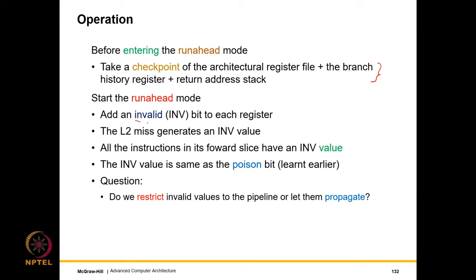So whenever we read a junk value, we add an invalid bit. All the instructions in the forward slice have an invalid bit, similar to the poison bit. So now there's the important question that we ask: do we restrict the invalid values to the pipeline? What if there is a store that is storing an invalid value, storing a junk value? What do we do?